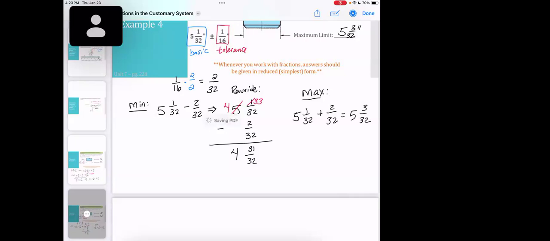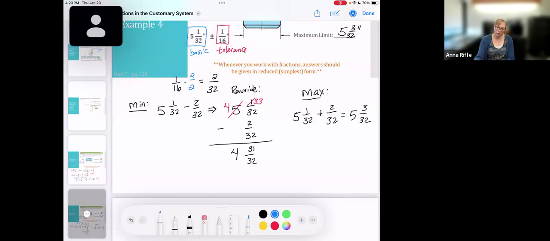I have a question. Okay. Why did we not make the 1 or 2 instead of doing 33? Good question. So here, let me do this to the side. If I borrowed 1 from the 4, then that gives me 32/32.